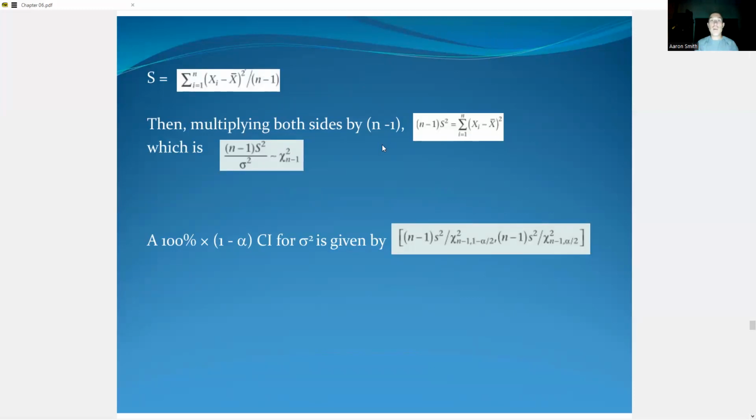Now, if I divide both sides by sigma squared, I know that the left-hand side is going to be a chi-squared with n minus 1 degrees of freedom. So I use this fact and I use what I have here to get a confidence interval for what's going on.